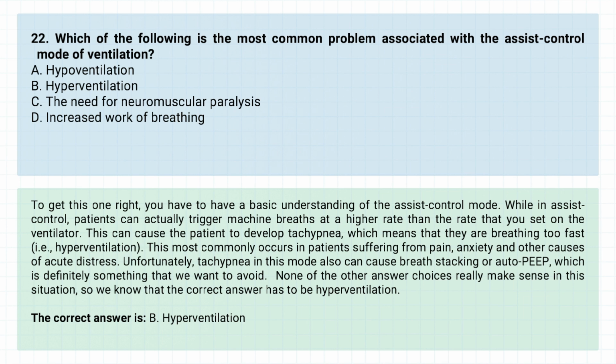This most commonly occurs in patients suffering from pain, anxiety, and other causes of acute distress. Unfortunately, tachypnea in this mode also can cause breath stacking or auto-PEEP, which is definitely something that we want to avoid. None of the other answer choices really make sense in this situation, so we know that the correct answer has to be B. Hyperventilation.